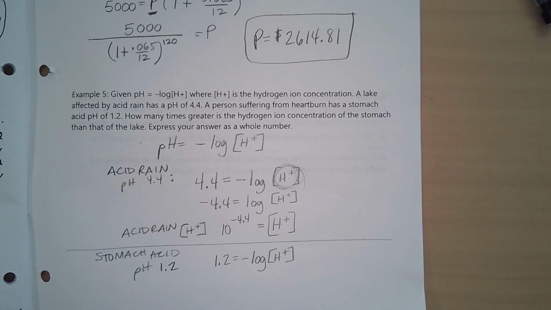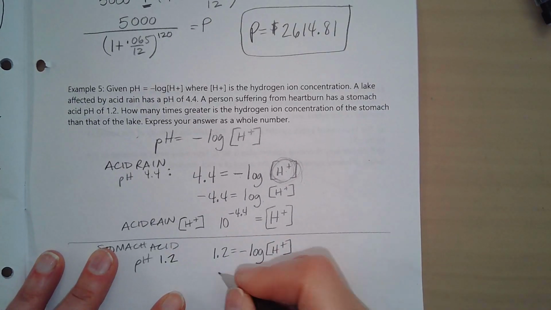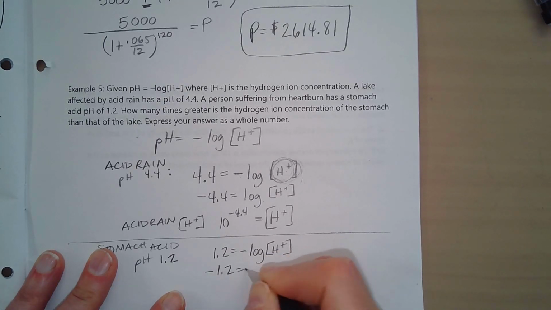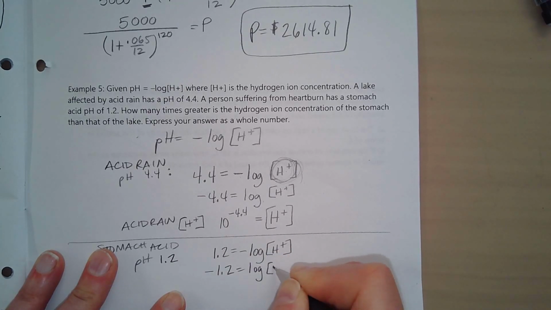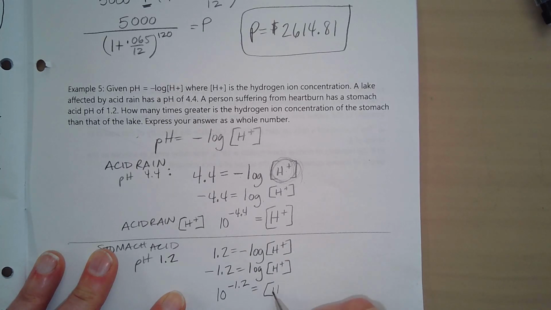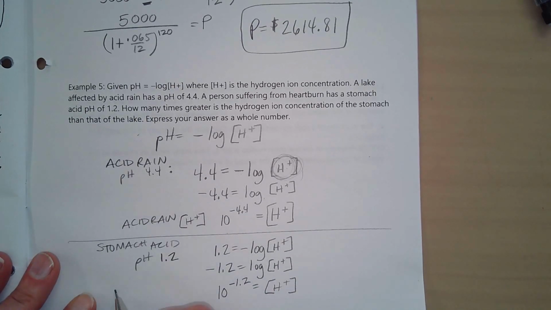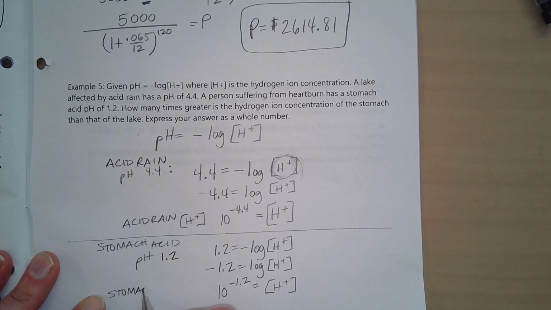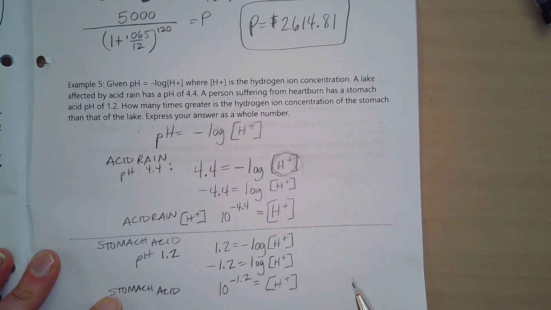I think comparing in exponential form is easier than comparing in log form. So the negative 1.2 equals log of hydrogen ion. So that means that the stomach acid is 10 to the negative 1.2. This is stomach acid. Okay, hydrogen ion concentration.